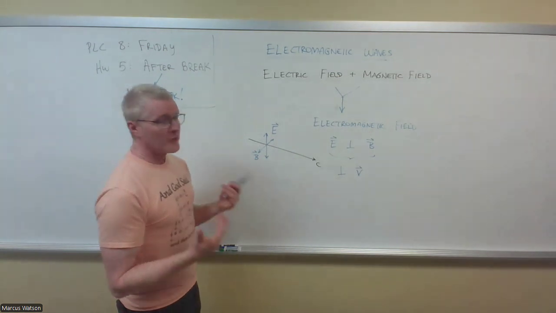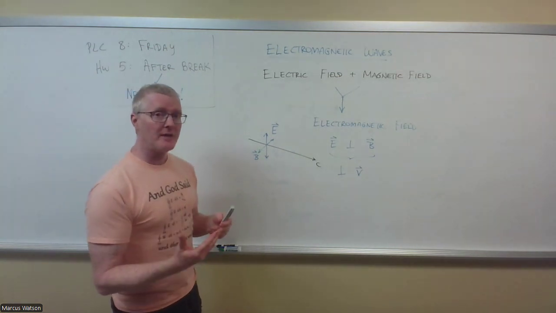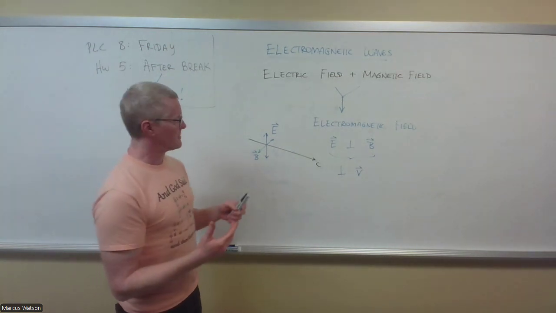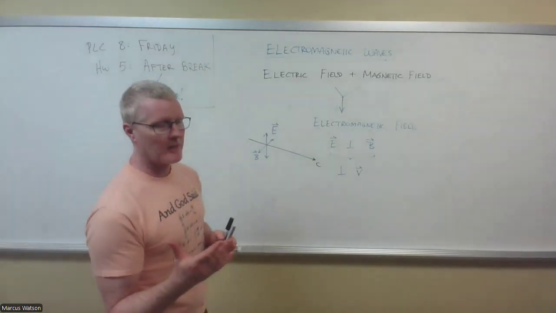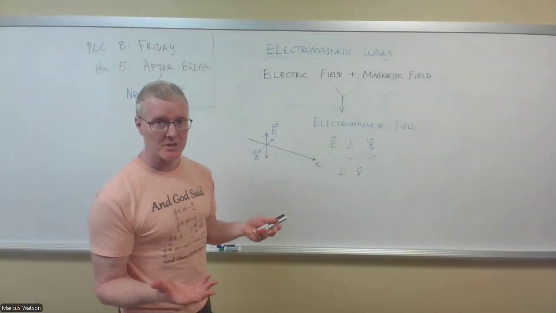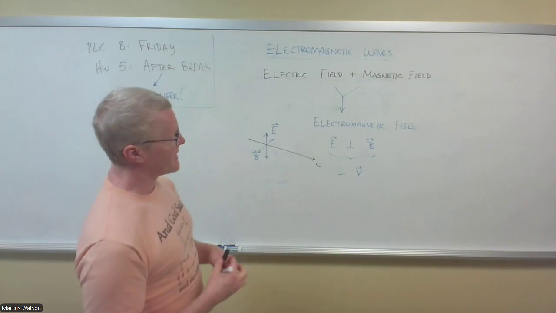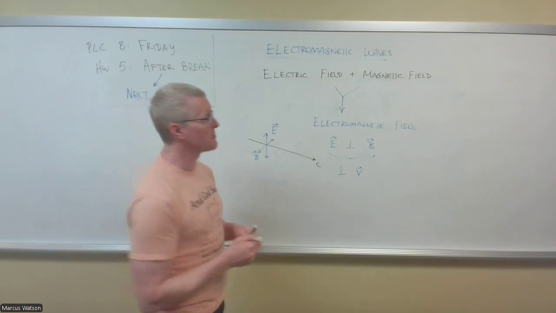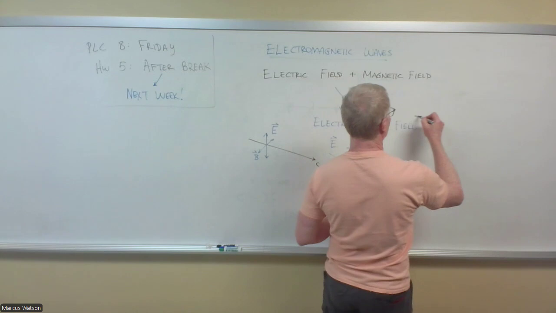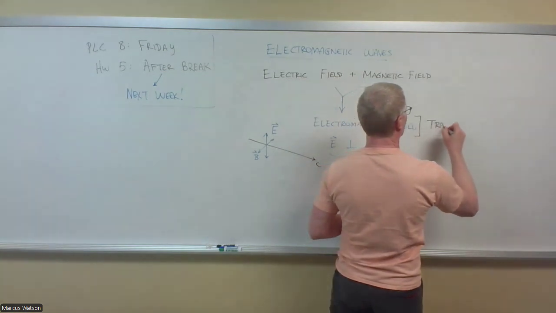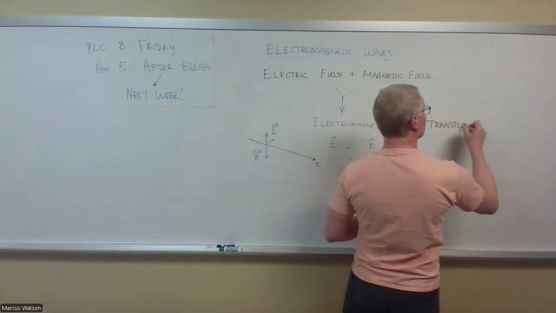Now, furthermore to that, if you know the electric and magnetic fields, you can figure out that they are transporting energy. Okay? You can say, hey, the electric and magnetic fields transport energy from one place to another.